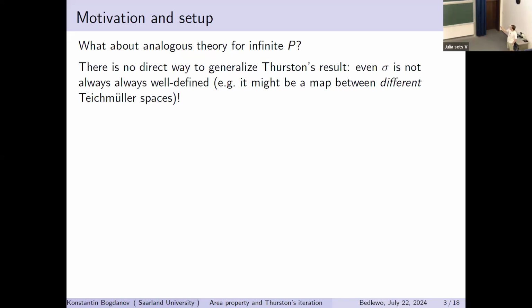For example, on the side of the definition, sigma would no longer be a map acting on some fixed Teichmüller space. It might be a map between different Teichmüller spaces. Because if you have infinitely many marked points, then in principle you have uncountably many different Teichmüller spaces.